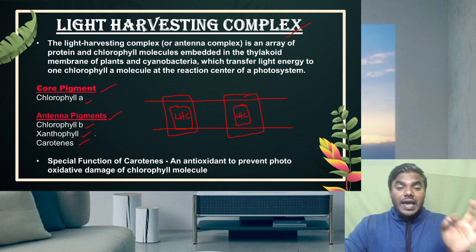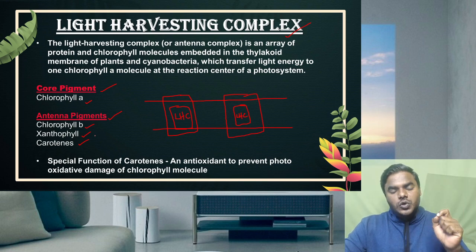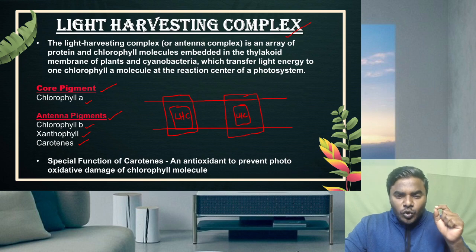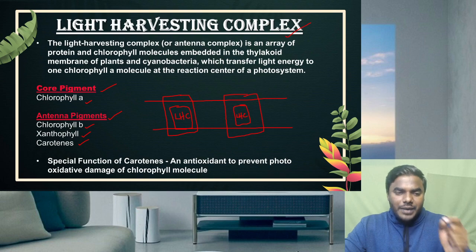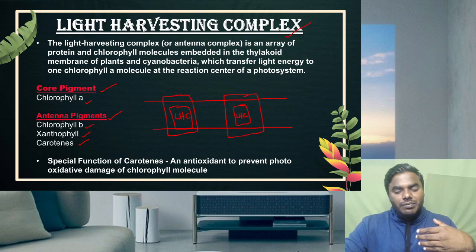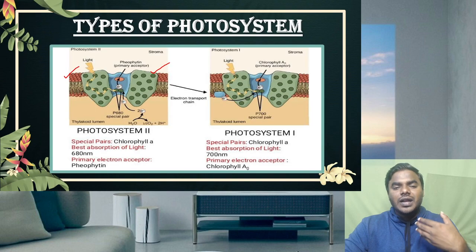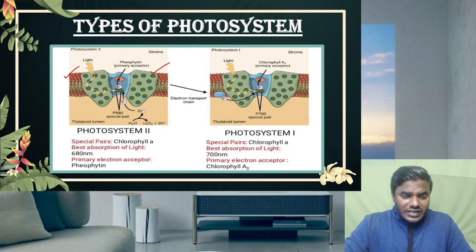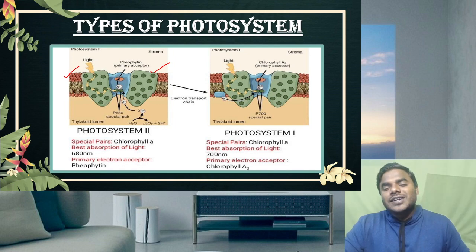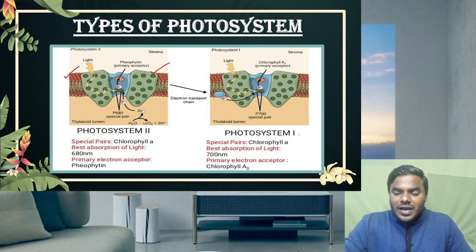So every LHC present in the photosystem consists of two major components: core pigment, which is exclusively made up of chlorophyll A, and antenna pigments, which consist of chlorophyll B, xanthophyll and carotene. Now let me ask you one interesting question. Why have we given the names photosystem 1 and photosystem 2?